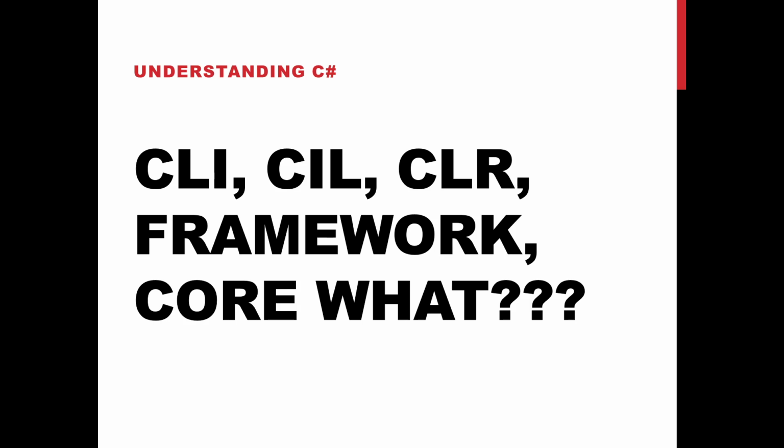So let's talk a little bit about some of the terminology that we're going to hear about and how things work in C Sharp, these abbreviations like CLI, CIL, and CLR, framework and core, and just what is all of this.